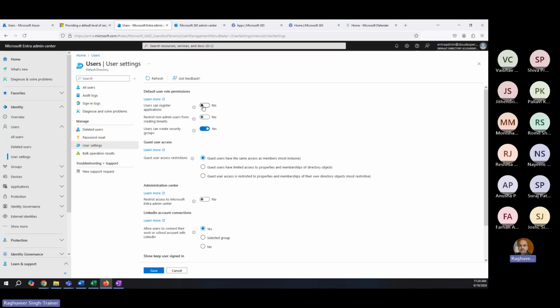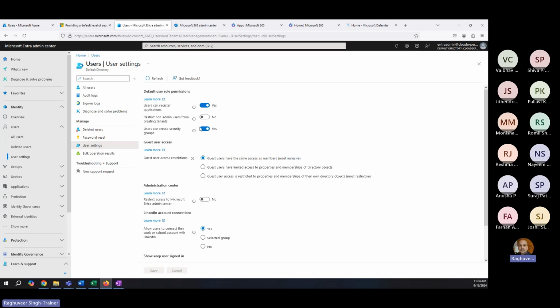Only administrators will be allowed, which is global admin, right? So this is by default enabled. Let's keep it enabled. Then it says restrict non-admin users from creating tenants. This is by default no, which means you're not restricting. But then non-admin users can also create tenants.